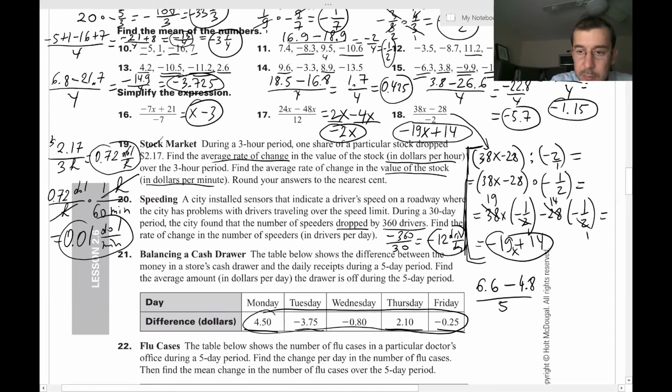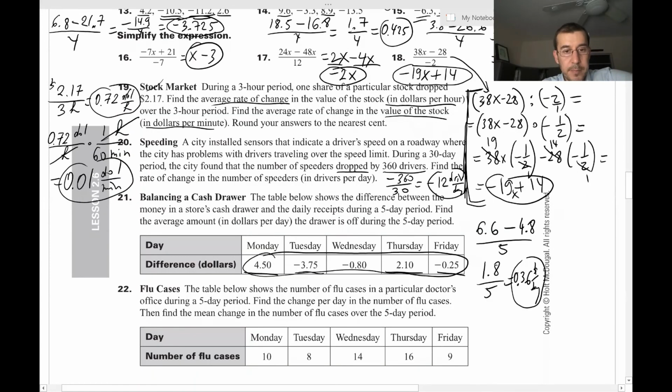So 6.6 minus 4.8, it's 1.8 over 5. 1.8 divided by 5, it's 0.36. So 0.36 dollars per day. The drawer is off during the 5-day period. That's the answer to 21.